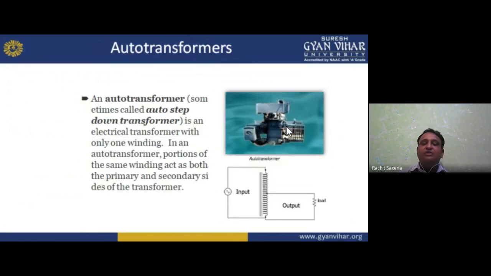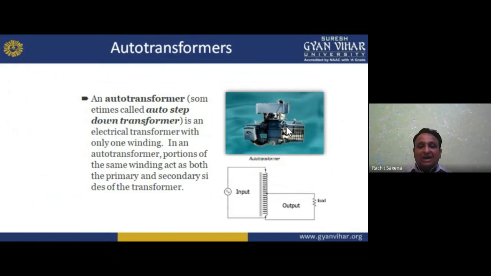Now moving forward, auto transformer. What is an auto transformer? An auto transformer, sometimes called an auto step down transformer, is an electrical transformer with only one winding. Now what is the difference? In a two winding transformer, we have two windings wound on a core. They are magnetically coupled but electrically separated.